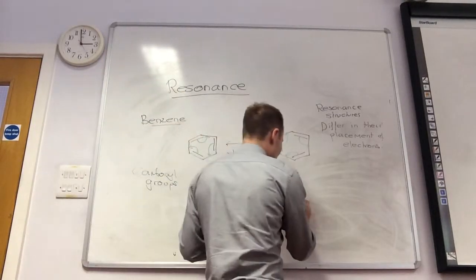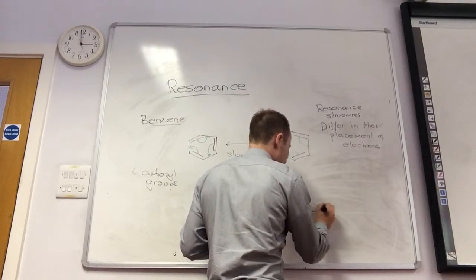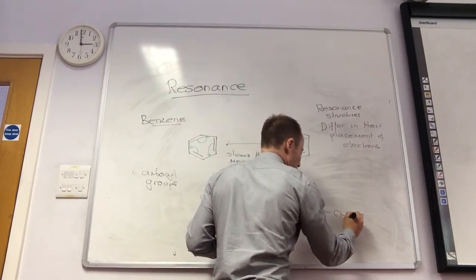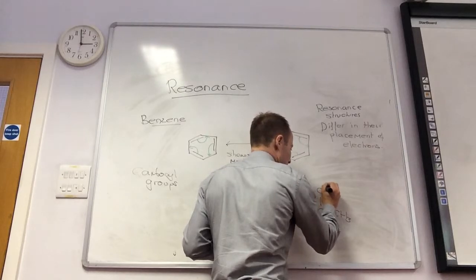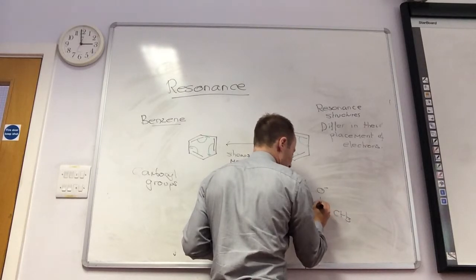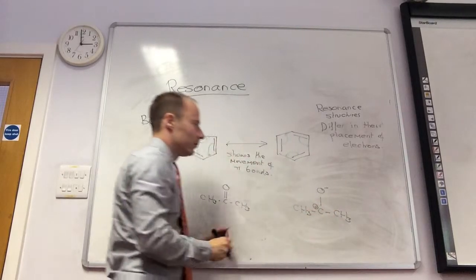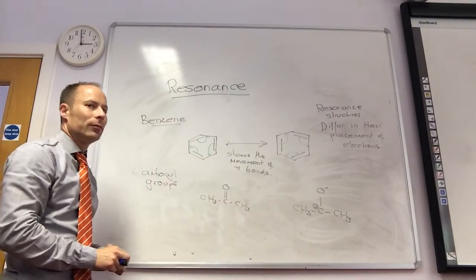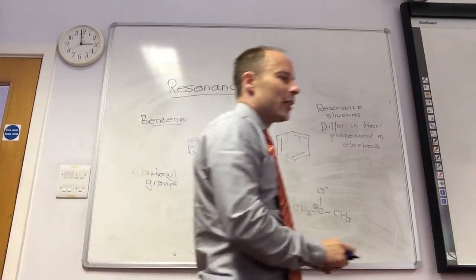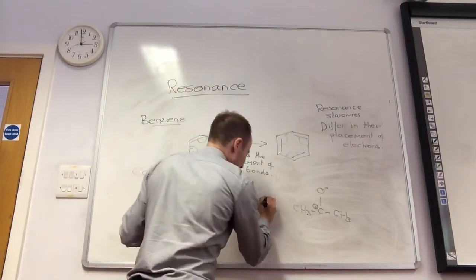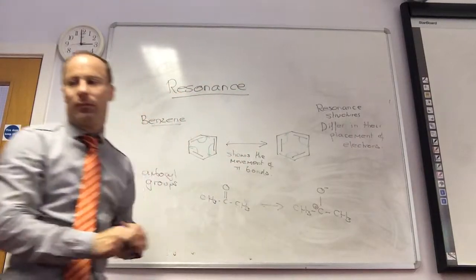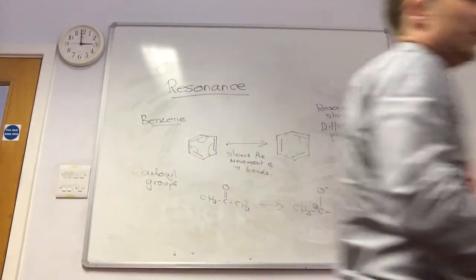But I could also, if I wanted to go crazy, draw propanone like that. So how have I got from one to the other? The plus is on the carbon.